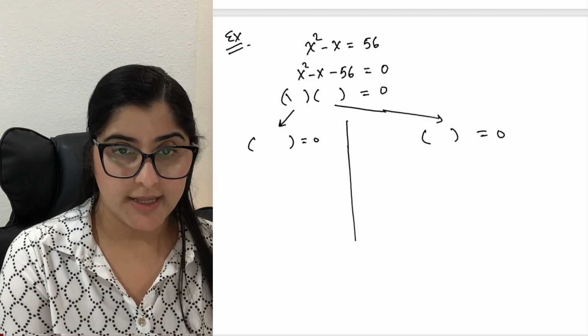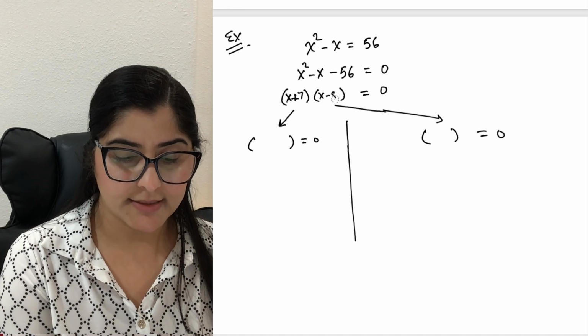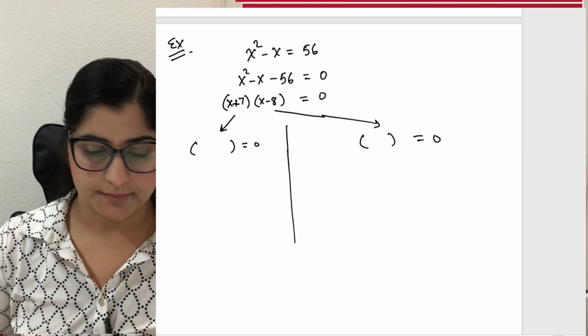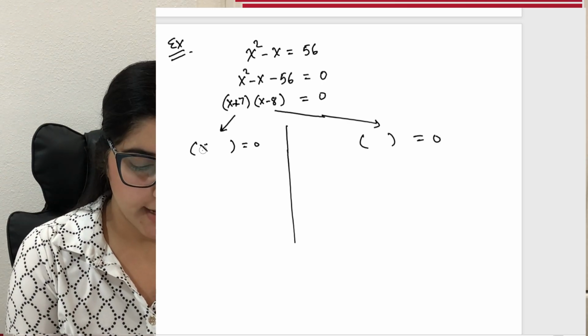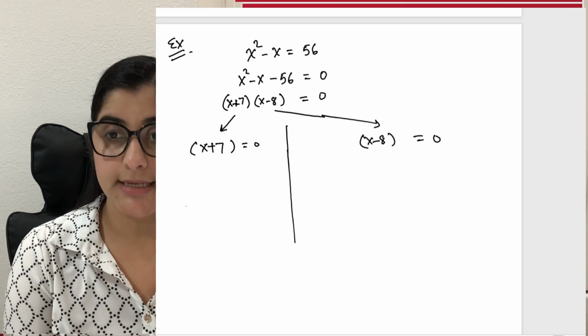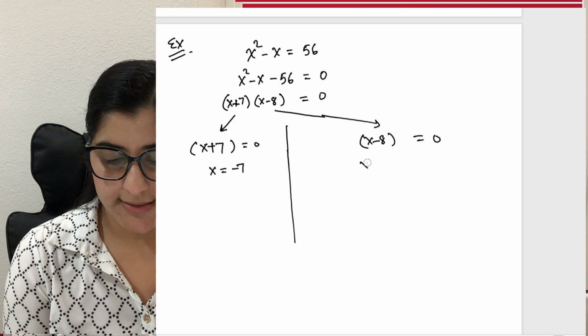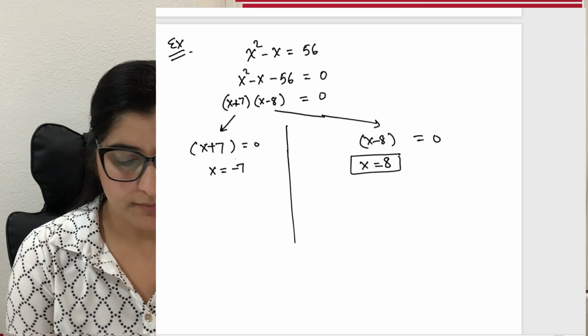Okay, so we get x plus 7 and x minus 8. From here we get x plus 7 is 0 or the second factor x minus 8 is 0. Isolate x, we get x is equal to -7, and from here we get x is equal to 8.